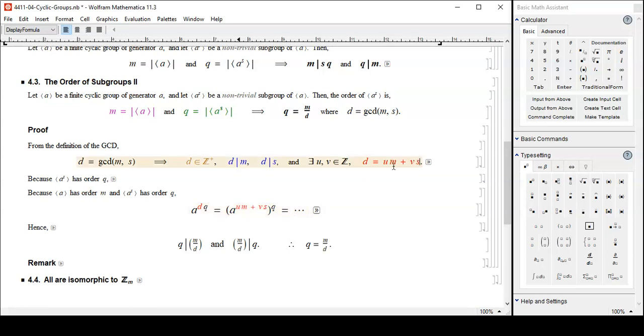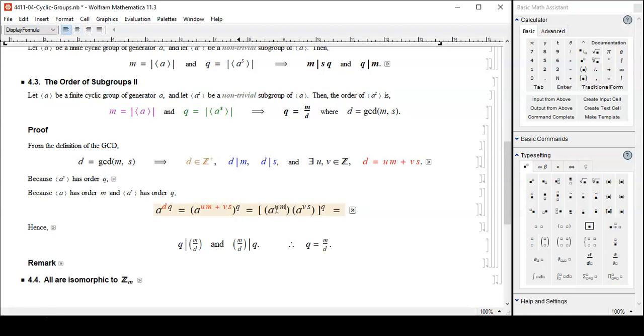We just use this. And that's the q power. So what is it? That's a to the um power times a to the vs power.